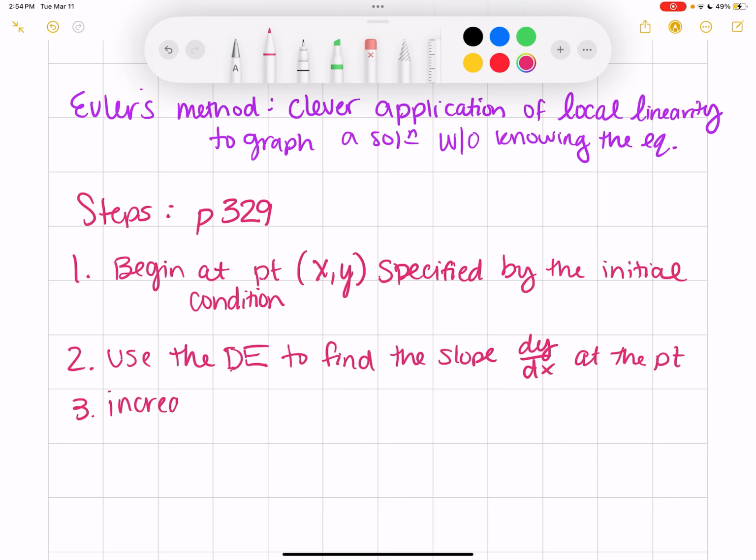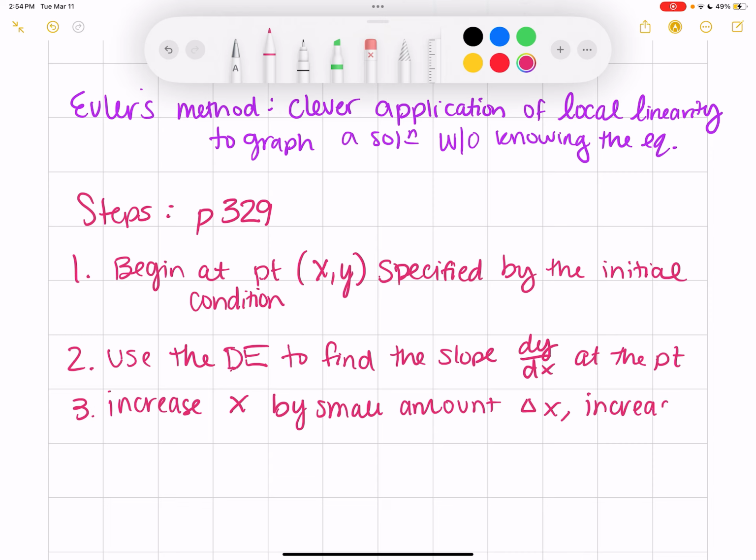Step 3: increase x by a small amount, delta x.